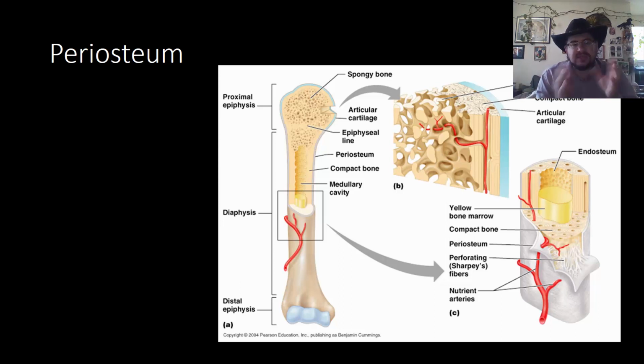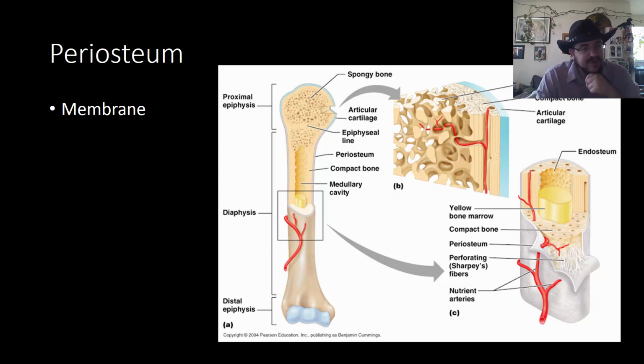Peri, around, osteum, bone, so it's surrounding the bone. The periosteum is actually a membranous layer, a membrane surrounding the outside of the bone. This is really important. Blood meets up with the bone through the periosteum. We find a rich blood supply in the periosteum. It's literally connected to the bone.